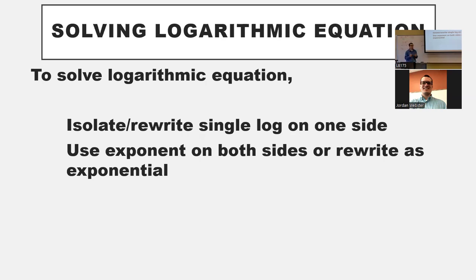And then you can think of it as either rewriting it in exponential form or applying the exponent on both sides. I'll talk about what I mean by that more specifically in a second. So use the exponent on both sides or rewrite in exponential form.